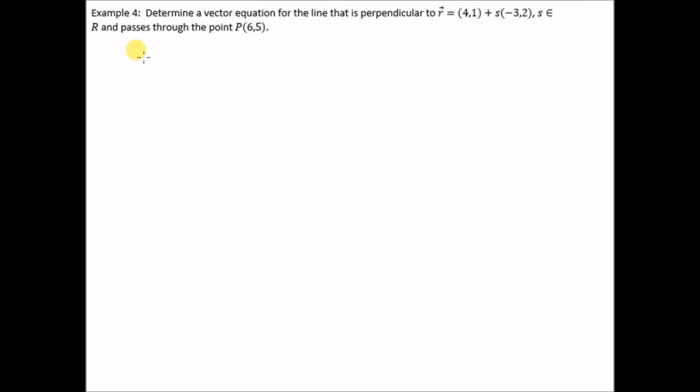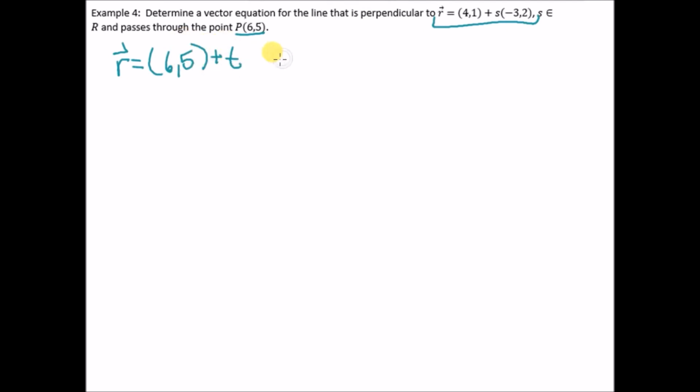Example 4, determine a vector equation for the line that is perpendicular to this line and goes through the point P. Okay, if we want a vector equation, we know that we need a vector, we need a point. Well, that's easy. It says that it goes through the point 6, 5.